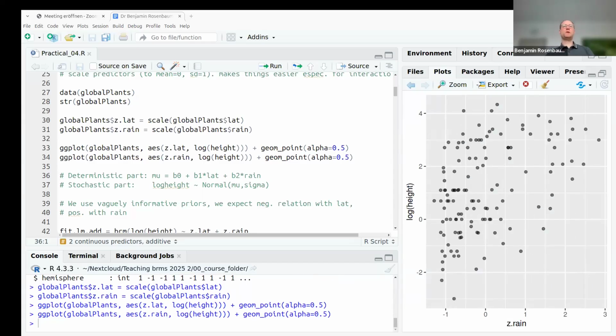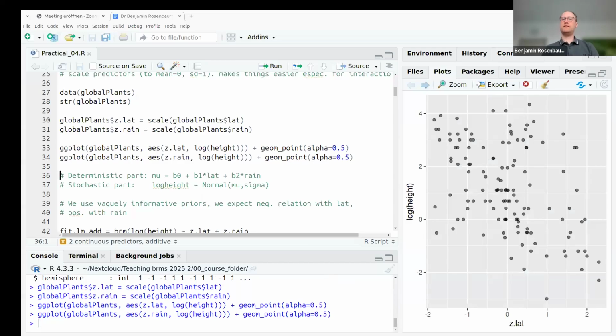The model would be, again, I want to look at the latitudinal gradient of log plant height, but I'm correcting for rainfall.